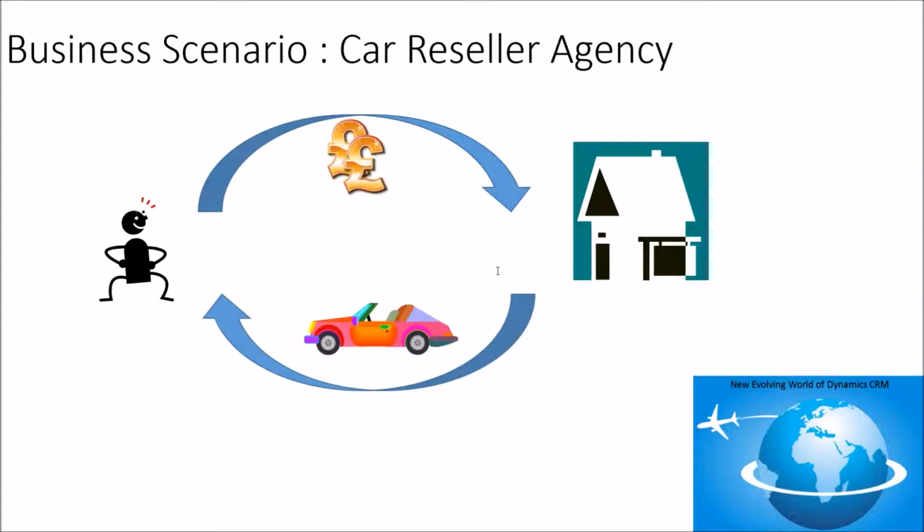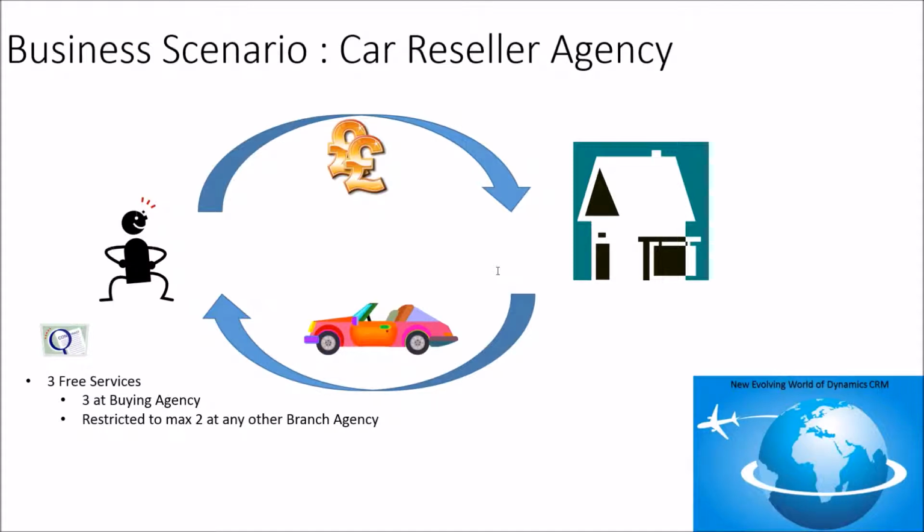When he buys this car, the agency offers him some support term. The service term from the agency is that this guy is entitled to 3 free services, which this person can avail at the service center of the buying agency.